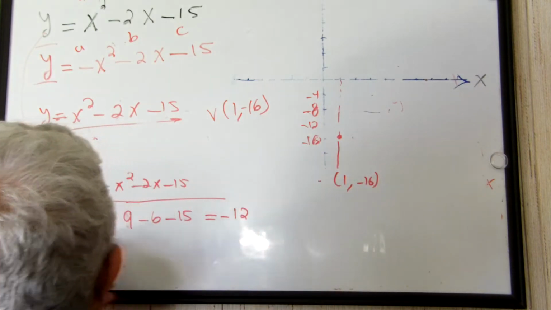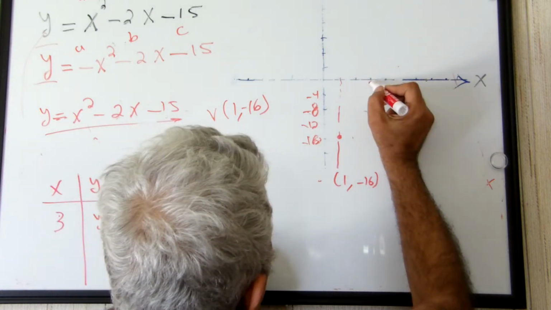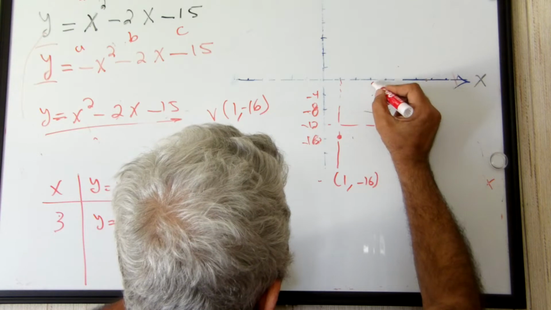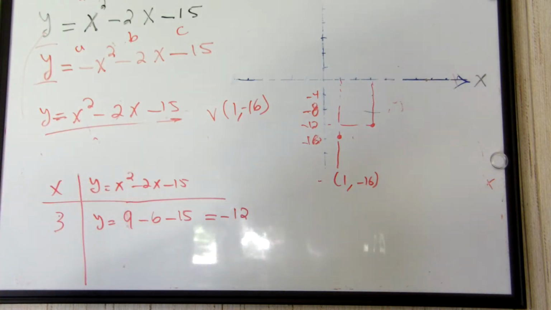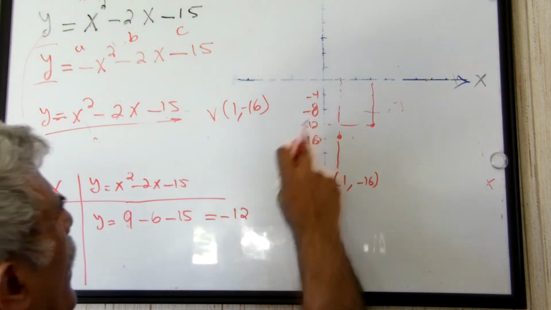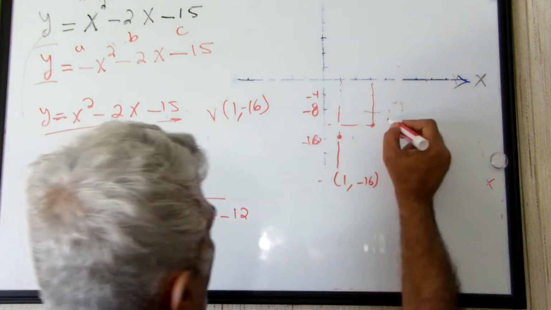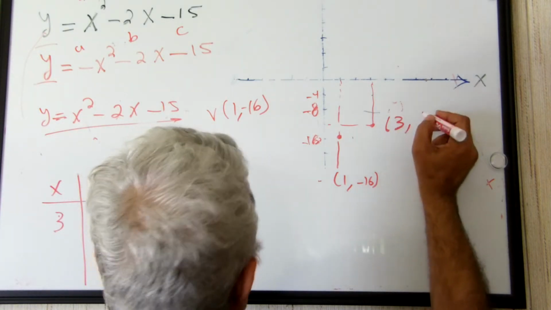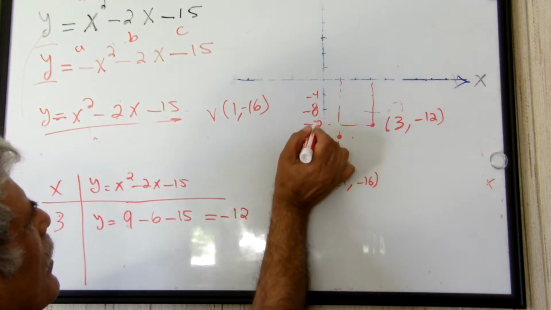Now we find that when x is 3, y is going to be minus 12. x is 3, 1, 2, 3, y is minus 12. So it's going to be something like that. This is x 3, y minus 12, okay?